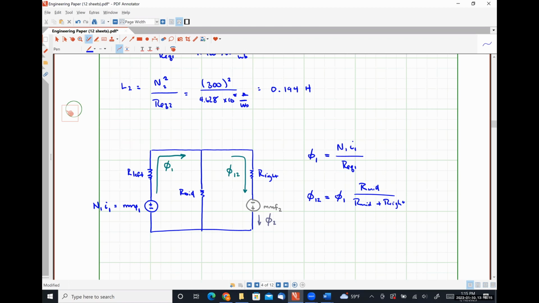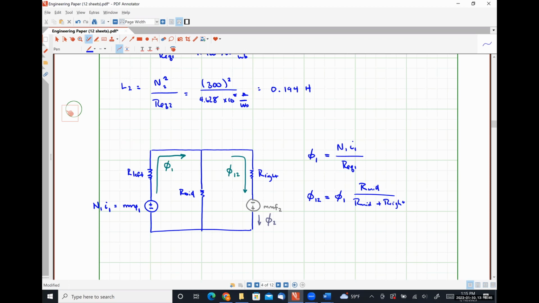You're all okay with this? You worked this out in practice in the first course. Yeah, so this would be the same as 1 over R right divided by 1 over R mid plus 1 over R right, and a little bit of algebra will get you to this. But I don't want to deal with a bunch of reciprocals because I'm lazy.